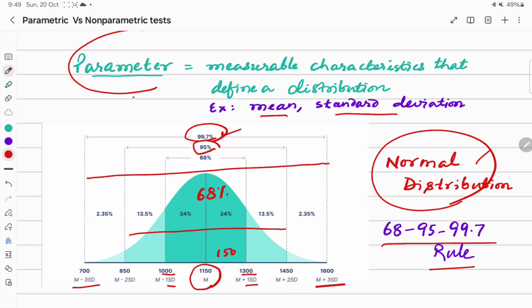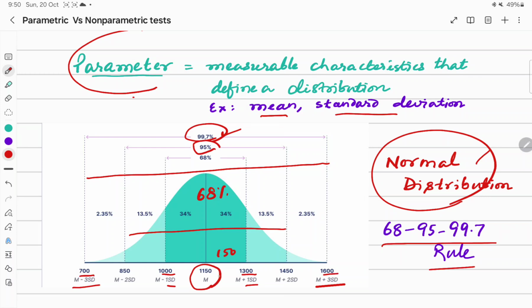68% within one standard deviation, 95% within two standard deviations, and 99.7% of data comes within three standard deviations, mean plus minus three standard deviation. So suppose the data we have collected, that 99.7% of data will come within 700 to 1600.